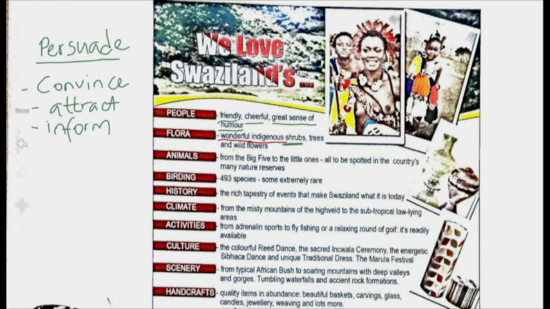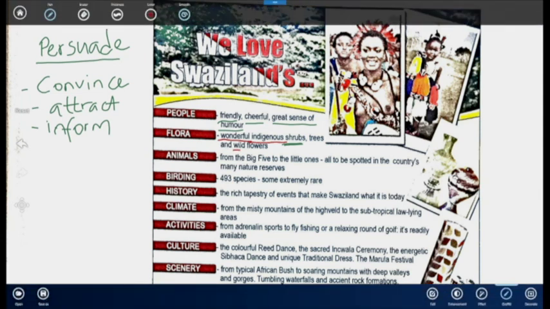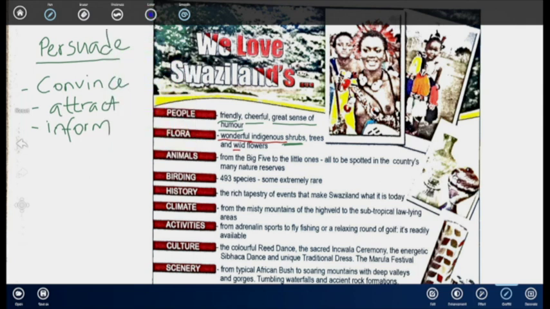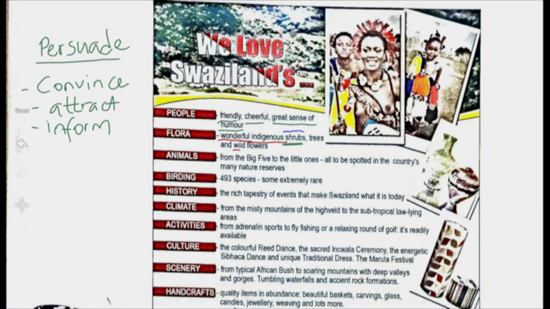And then there are also what? Wild flowers. So here we've got these words: one, the shrubs, and then another one, the flowers. What is in common with these words is that they are both nouns. So in telling us the information about Swaziland, shrubs and flowers are there.